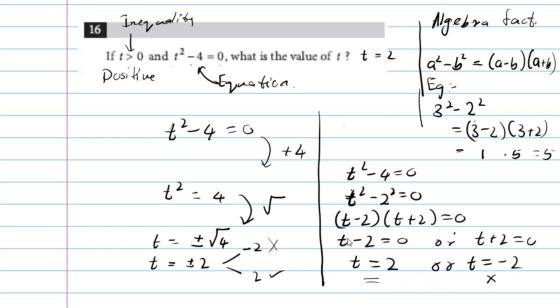Out of these two methods, students may be more familiar with this one, depending on how they have learned it in class from their teacher. This is more familiar for students and this is less familiar.